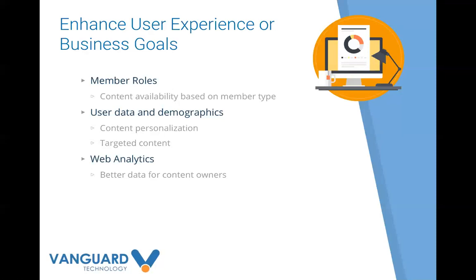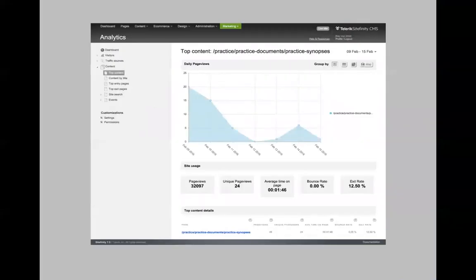Or even web analytics, which is for a business goal, is helping us drive better decision making for the content owners. Here's an example in the back. Now, this is on the back end of the content management system, but we integrate Google Analytics into the back end of the content management system. So now the content owner within the organization is able to take a look and say, hey, how many people have viewed my page?